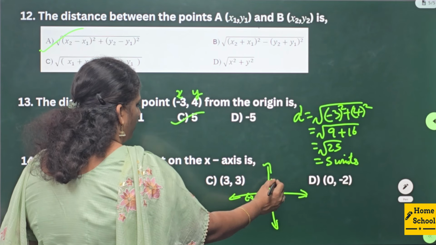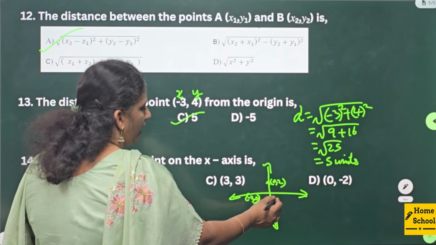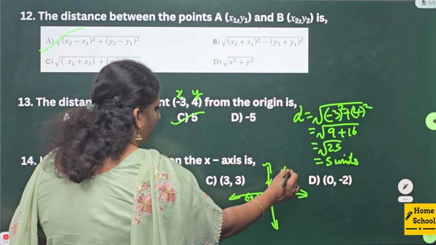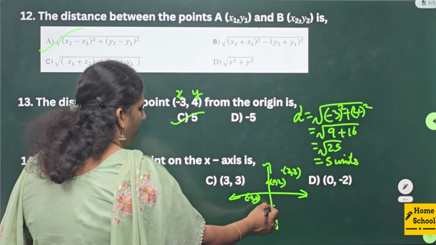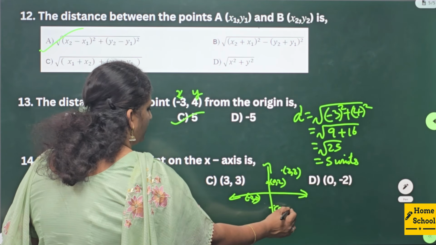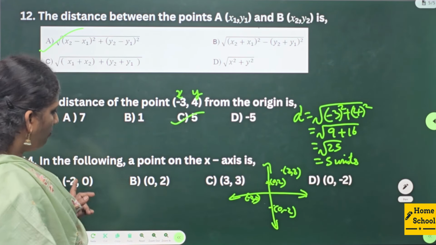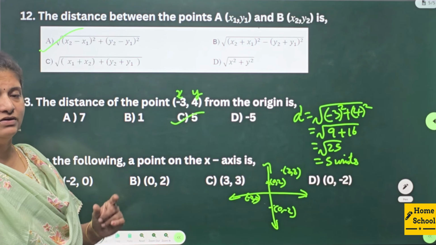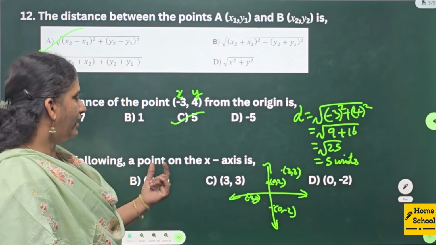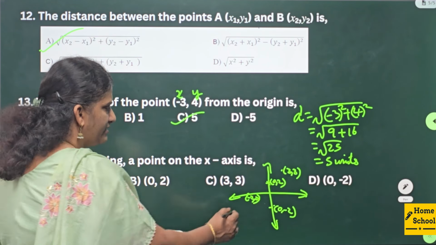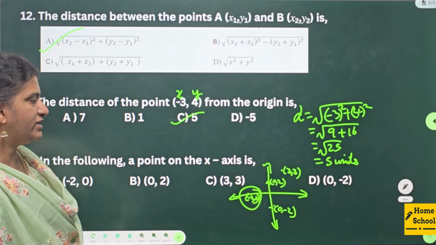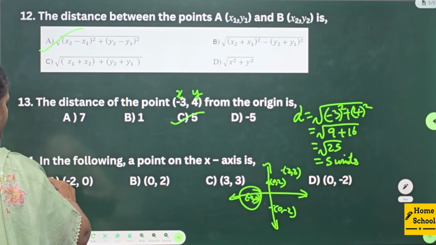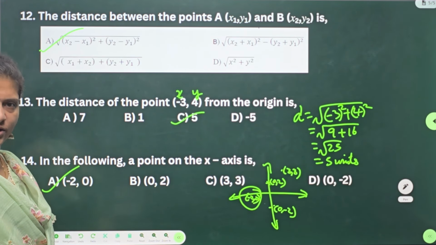Here, (0, 2). (3, 3). Somewhere here, (3, 3). D: (0, minus 2). Now among all these 4 options, which is a coordinate lying on the x-axis? This is lying on the x-axis. That is (minus 2, 0) is your answer. Option A is your answer.